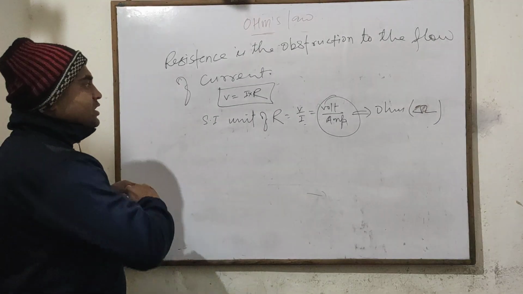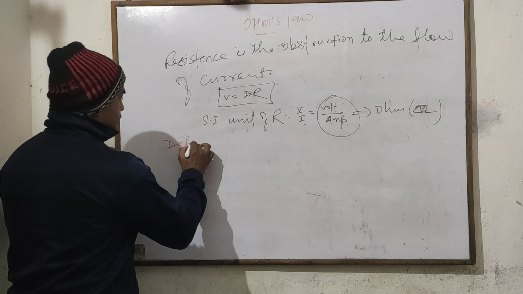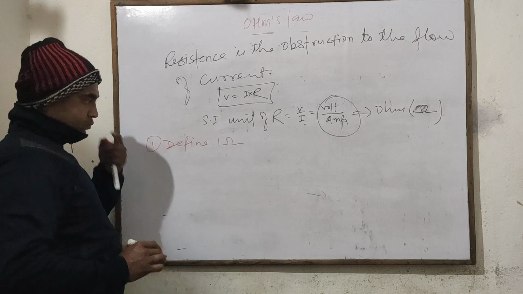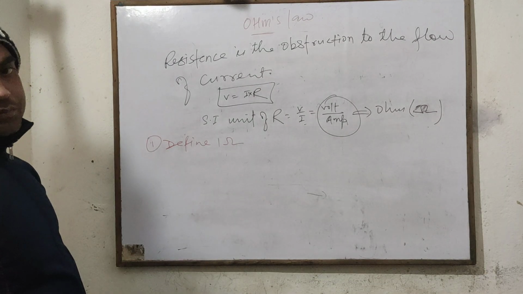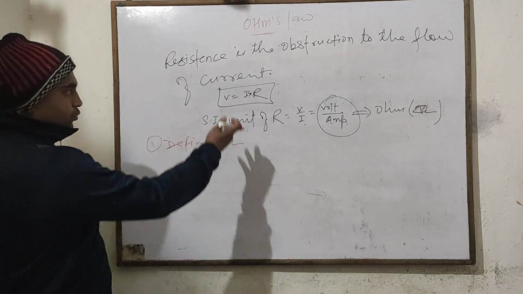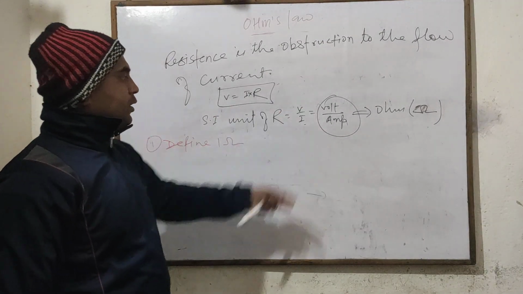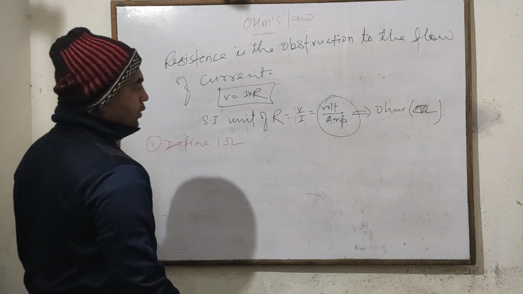One important question arises from here: define 1 ohm. Similarly, R equal to V by I. When will 1 ohm come? When V is 1 and I is 1.